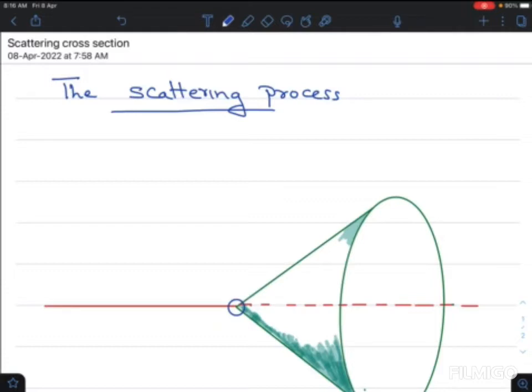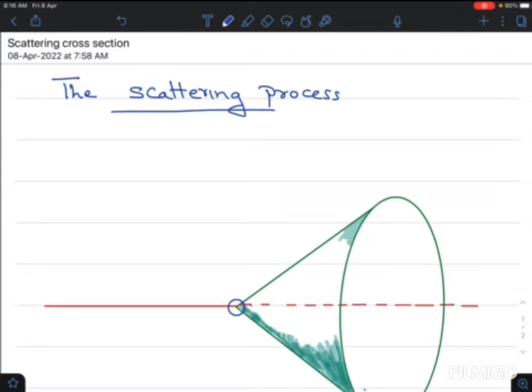These scattered particles diverge. As you know, they will diverge in different directions. It's like when you use a hose to pour water for watering the plants. Then if you hit a stone, what happens? It gets scattered in all directions.